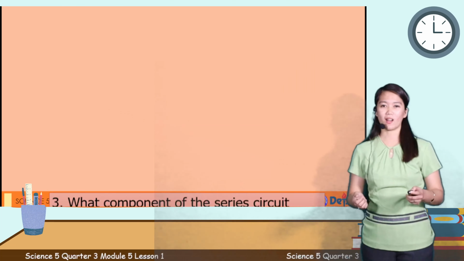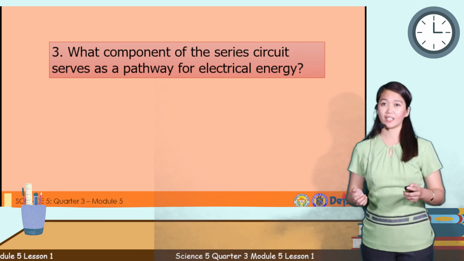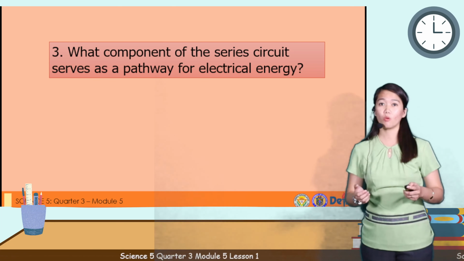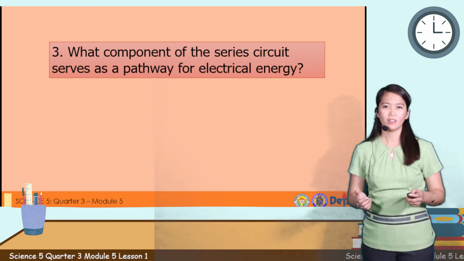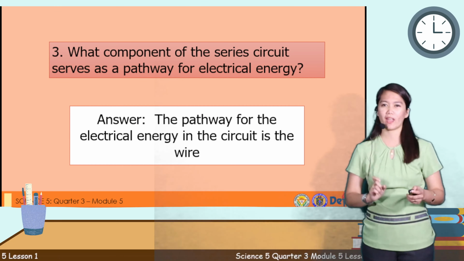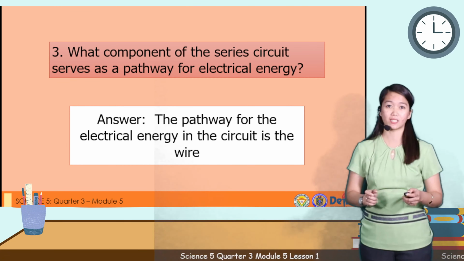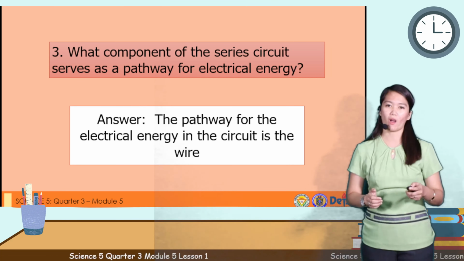And the last one, what component of the series circuit serves as the pathway for electrical energy? Okay, come on, what is it? Yes, the pathway for the electrical energy in the circuit is the wire or the connecting wire.